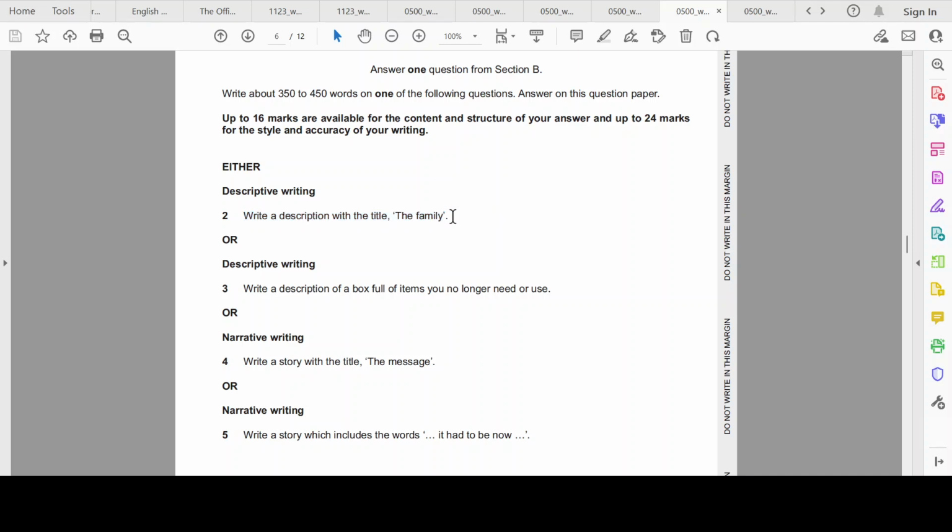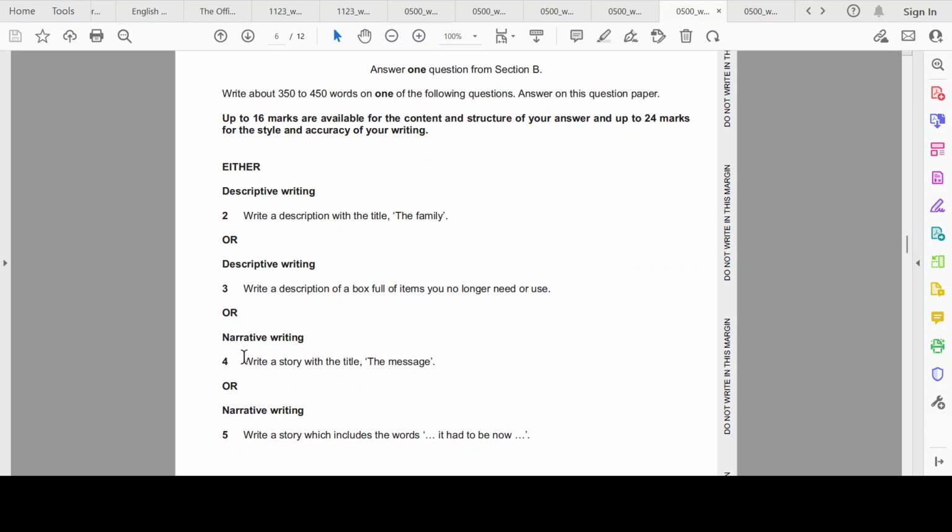So this is not the kind of prompt you get for 1123. So probably best not to. You could to practice your writing, but since it's rather different from what you'd get for your O level English, you can skip that. Write a description of a box full of items you no longer need or use. So that is very much appropriate to the 1123 syllabus, and we can do that.